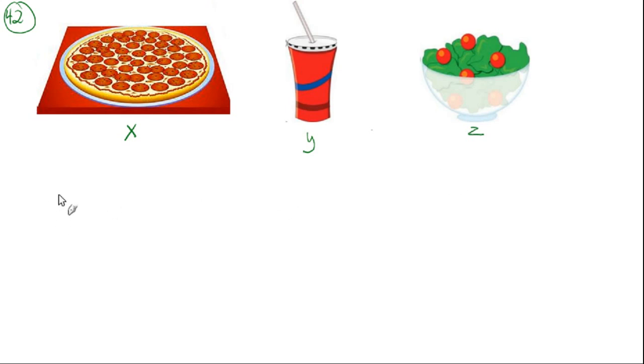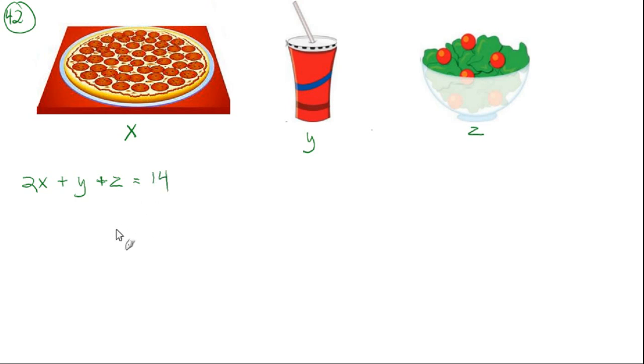So it's saying that 2 small pizzas, so 2 times small pizza, and a liter of soda, so just 1 liter of soda, and a salad, plus 1 salad, is equal to $14.